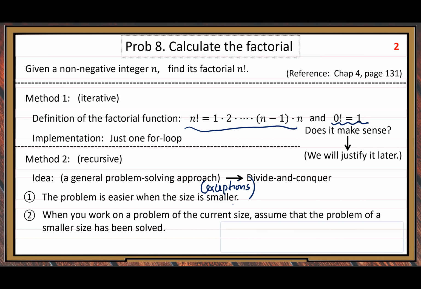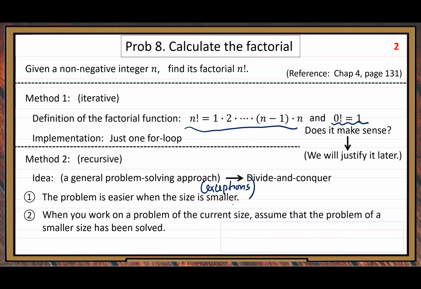When you work on a problem of the current size, assume that a problem of a smaller size has been solved. With recursion, when we work on a problem of the current size, we do not start from scratch. If you start from scratch, that means you start from the very bottom: size 1, size 2, size 3, going up to size n. That's not efficient.